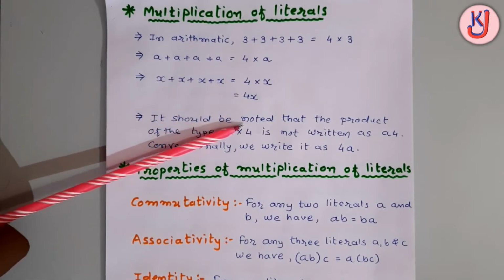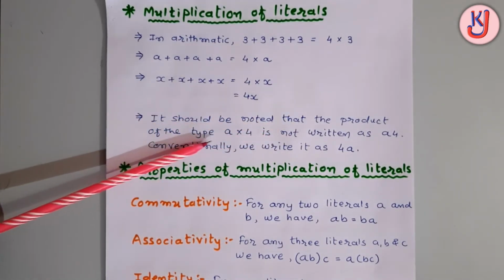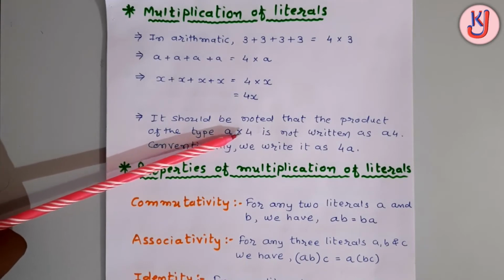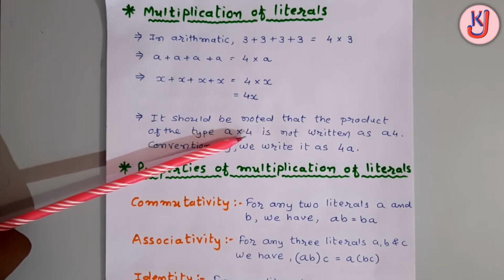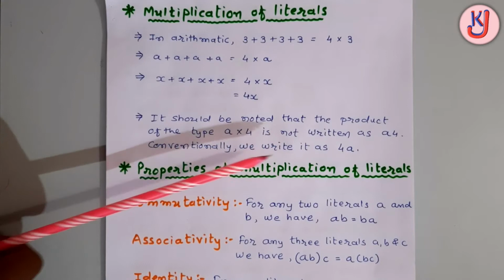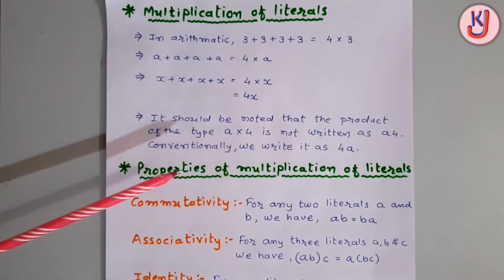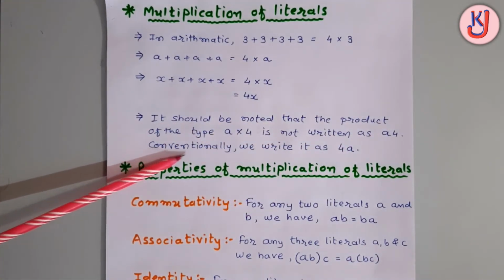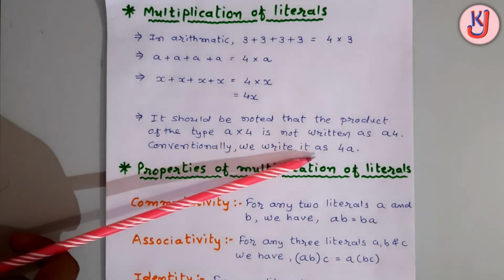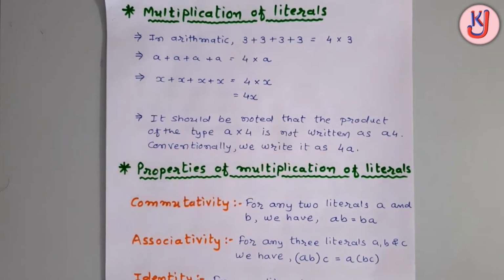It should be noted that the product of the type a multiply sign 4 is not written as a4. Conventionally we write it as 4a.